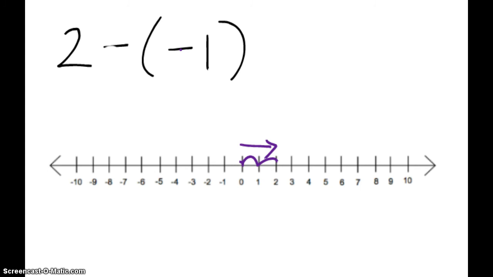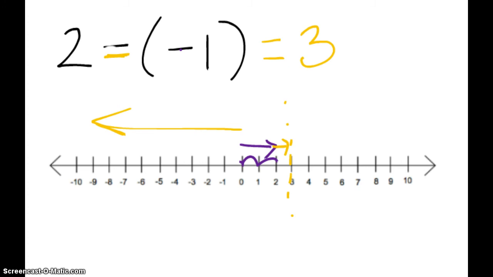So instead of moving just to the left, if I want to subtract a negative, I have to do the opposite of that. And I have to move to the right 1. So what I have ended up with is positive 3. Remember, if you're just regular subtracting, you'd move to the left.